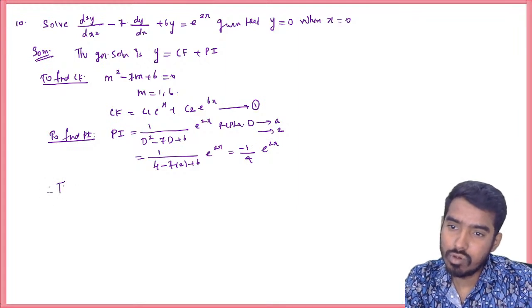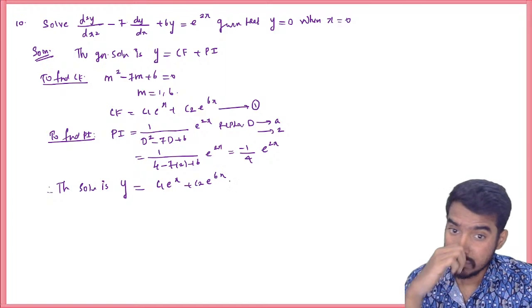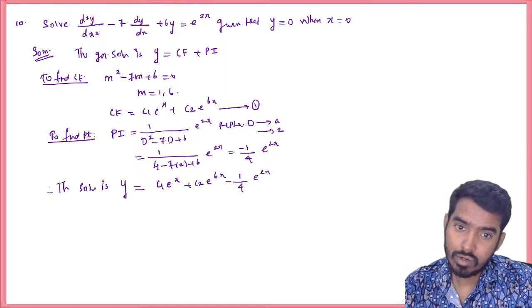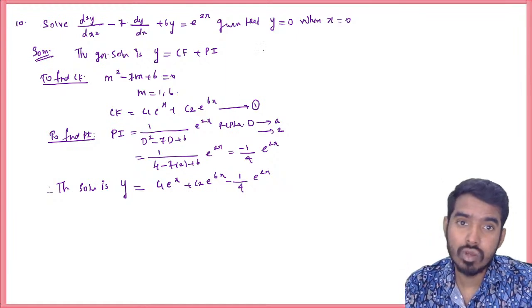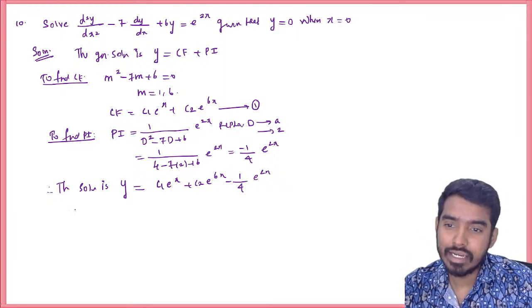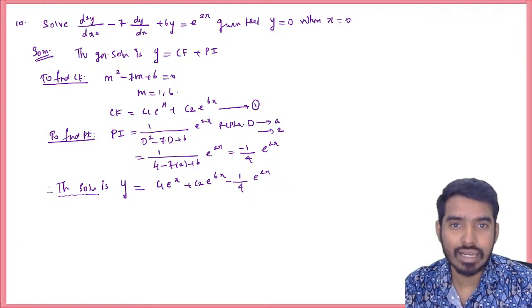So minus 1 by 4 e power 2x is your particular integral. Therefore the solution is y is equal to CF plus PI, so C1 e power x plus C2 e power 6x minus 1 by 4 e power 2x, right? We need to know the values of two unknowns, C1 and C2, but we have only one initial condition. That means we can only find one constant. Let us keep the other constant as it is.